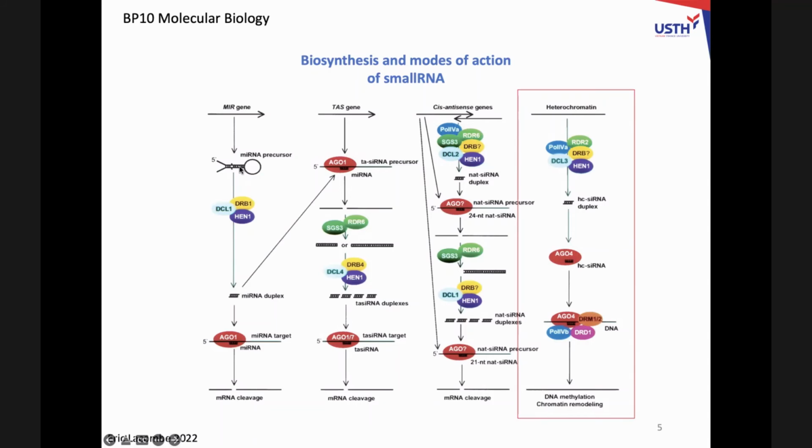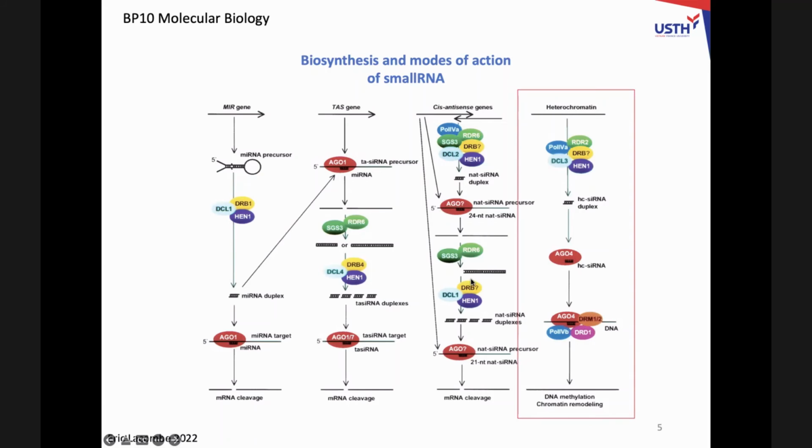Only one piece is going to be maintained, and this is what is called the miRNA duplex. This is the proper microRNA. And this microRNA is going to be taken by a protein complex called AGO, for Argonaute, with the RNA inside, which is going to specifically target the RNA complementary to the sequence and degrade it. Do you understand the process? It's important that you understand this process.